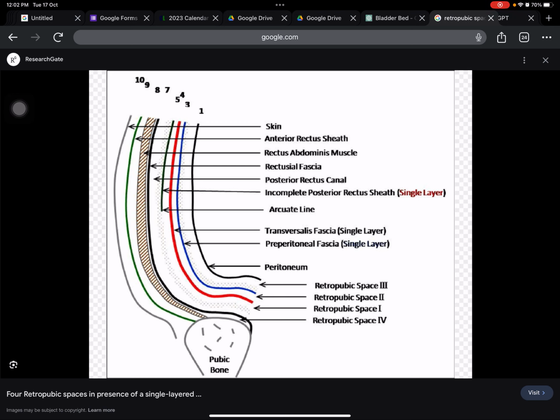Okay, so the first peritoneal reflection that we can find within the abdominal cavity is the vesico-uterine pouch, also known as the Douglas pouch. This is found right here, this green region, because our patient is a female, right?